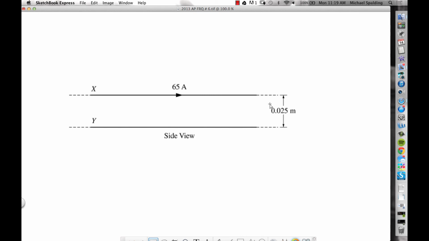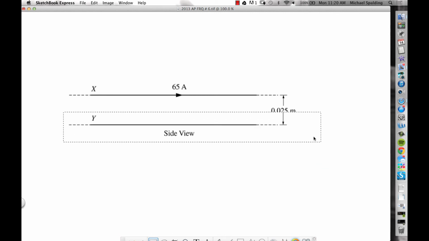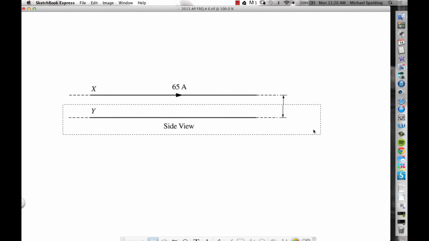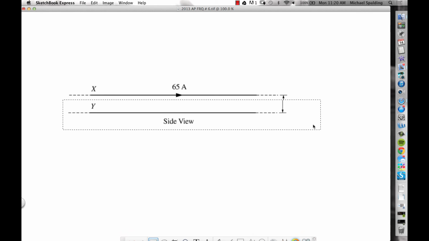Wire Y is moved to a position, no, sorry, part C. Wire Y is moved to a new position that's closer to wire X. So dudes, if we take wire Y, I'm just going to grab wire Y here, and we start moving him closer to wire X, what's going to happen?